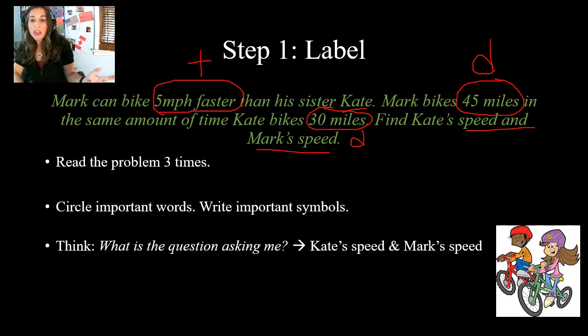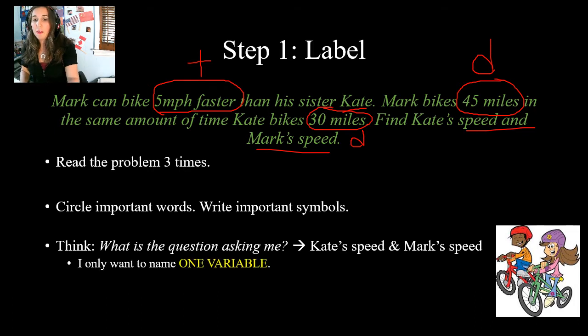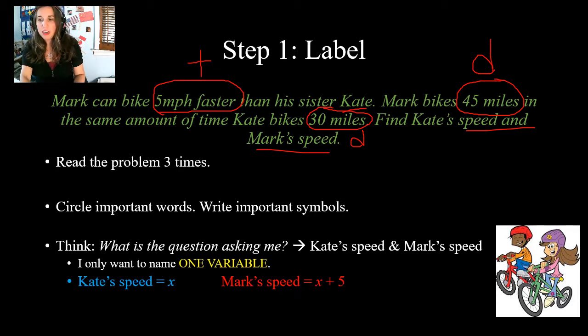Now I'm thinking, what is the question asking me? Remember, the third time I read that problem, you zoom in on the question, and like I just said, find Kate's speed and Mark's speed, okay? I only want one variable, but yet I'm talking about 2 people. So what do I do? Well, when that happens, that means we need to write one person in terms of the other. So what do I mean by that? Let's take a look. Let's call Kate's speed X, okay?